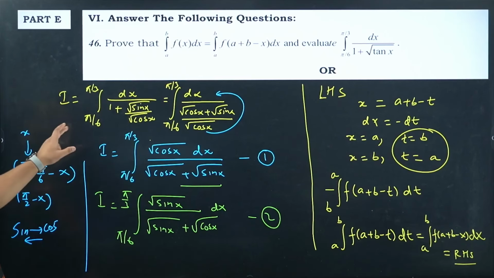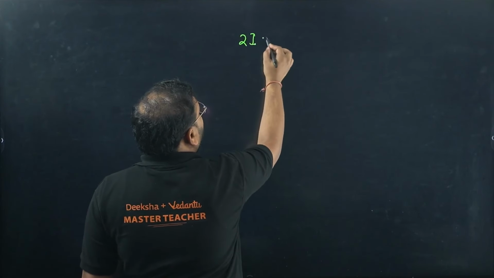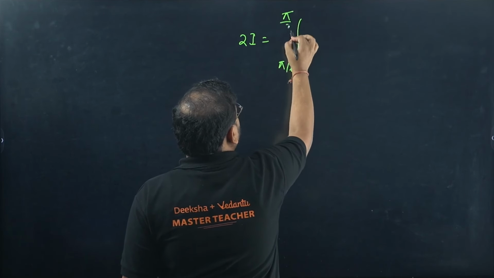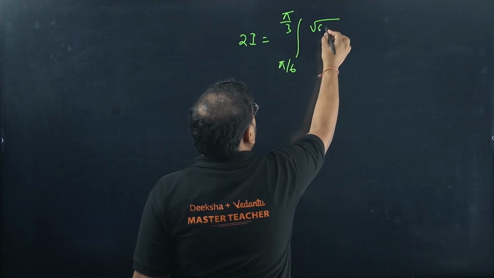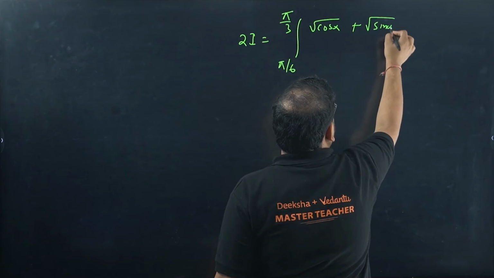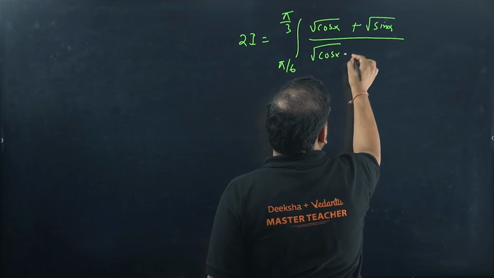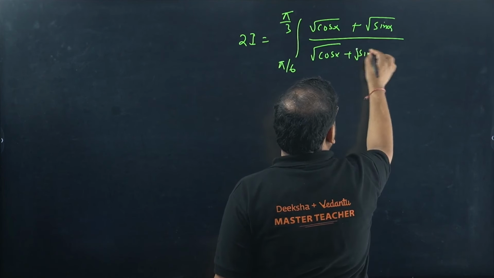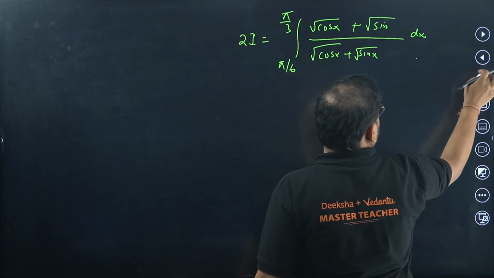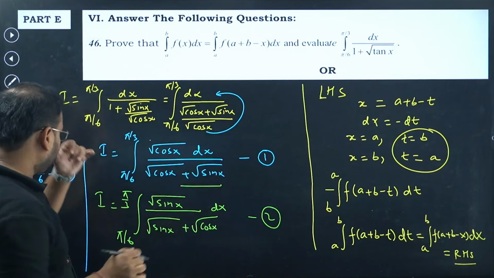Now add equations 1 and 2. You'll get twice I equals the integral from pi by 6 to pi by 3, limits unchanged. We'll have cos x in the first term, and the second will be plus sin x, divided by the same thing, because if you check carefully, the denominator is the same: cos x plus sin x.